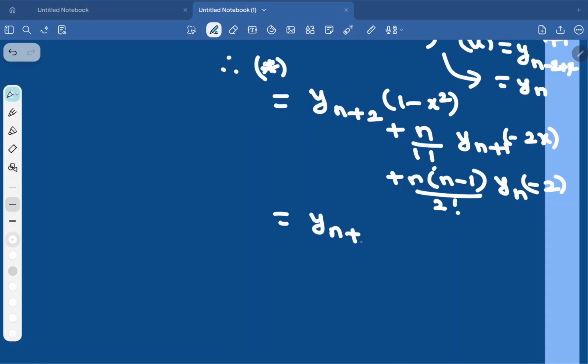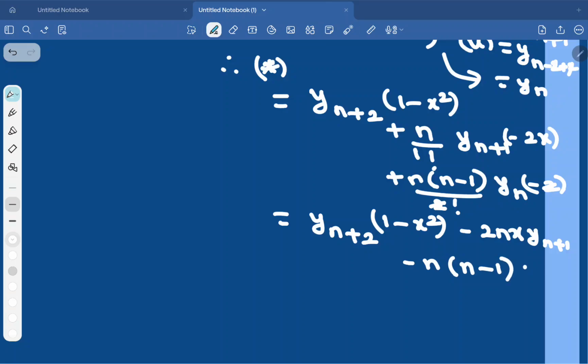Simplification: y n plus 2 times 1 minus x square, 1 factorial is 1, minus 2nx y n plus 1, 2 cancel, plus into minus, minus of n into n minus 1 y n. This is equation B.